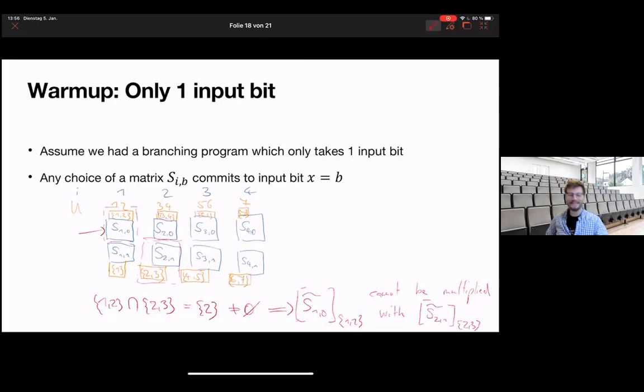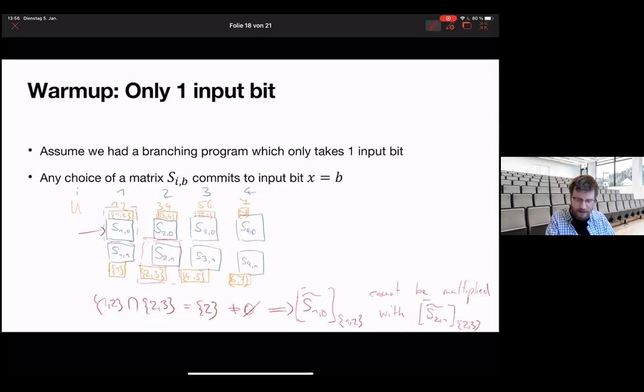Right, and this is where this idea of jigsaw puzzles comes from. Once I've chosen the first piece, which is in this case this 1, 2, this 2, 3 will not fit anymore. No matter at which point I change my mind, I will have a mismatch. These puzzle pieces will overlap and not fit together anymore.